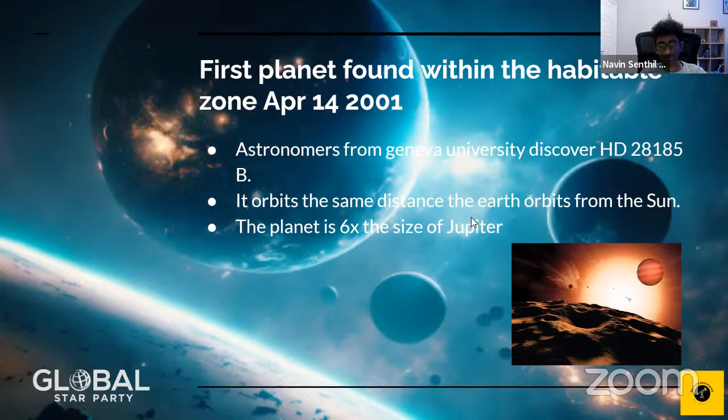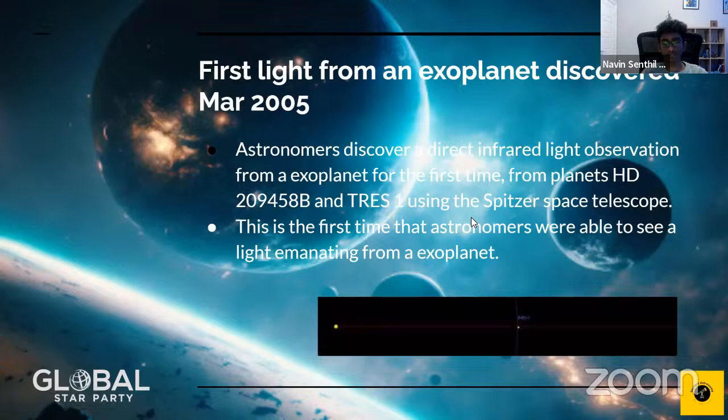Let's go into our next event: first light from an actual exoplanet, discovered in March of 2005. Astronomers made the first direct infrared light observation from an exoplanet, from the planets HD 209458b and TrES-1, using the Spitzer Space Telescope.